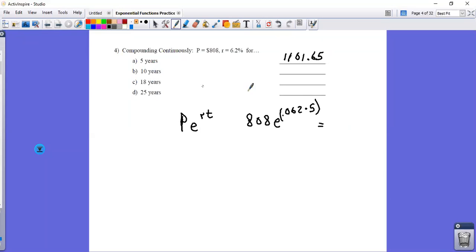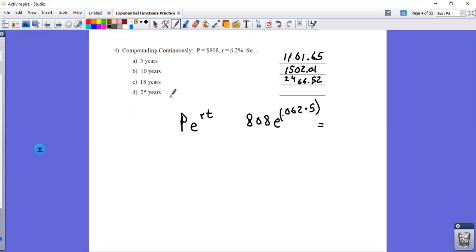And the only difference is changing this 5 in each one of these to a new year. So if I change that to 10, it's 1502.01. Change it to 18, 2466.52.